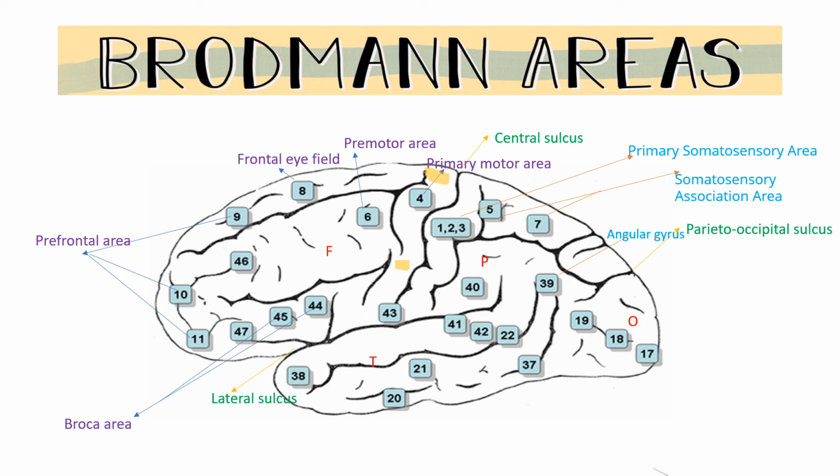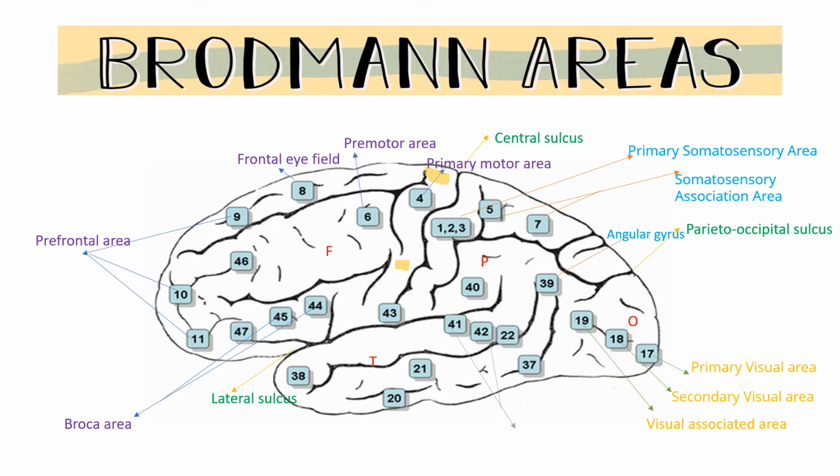Now, occipital lobe. Area number 17 is the primary visual area, area number 18 is the secondary visual area, and area number 19 is the visual association area. This area is responsible for vision. Next is temporal lobe.